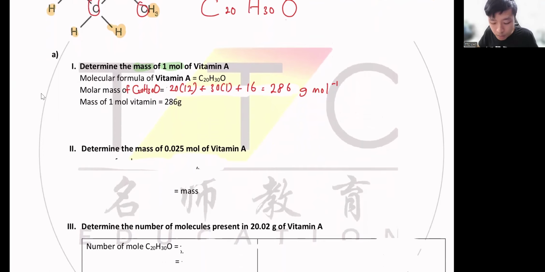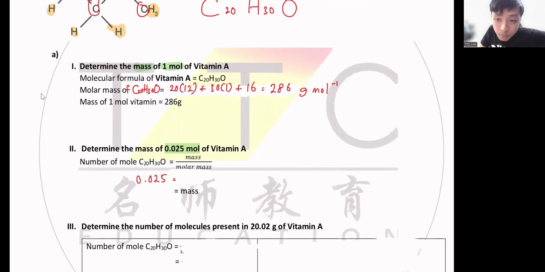Okay. Determine the mass of 0.025 mole of vitamin A. So this one is simple. What is the formula? Number of mole equals mass over molar mass. So number of mole equals 0.025.